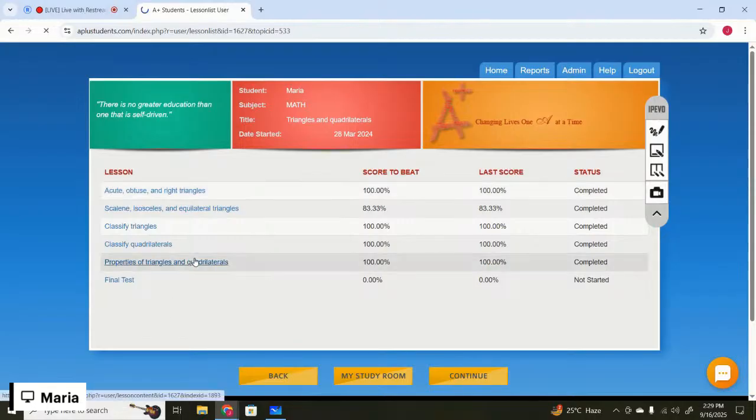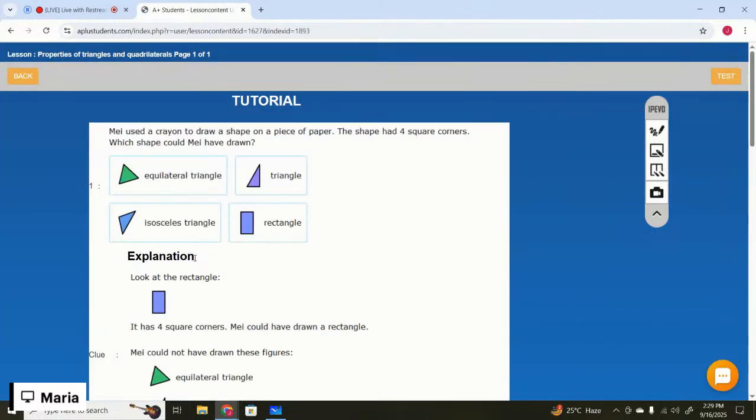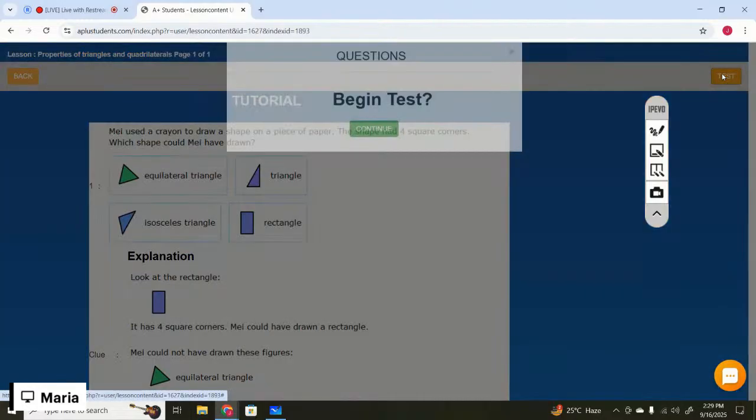Properties of triangles and quadrilaterals. Let's just start with the test question.